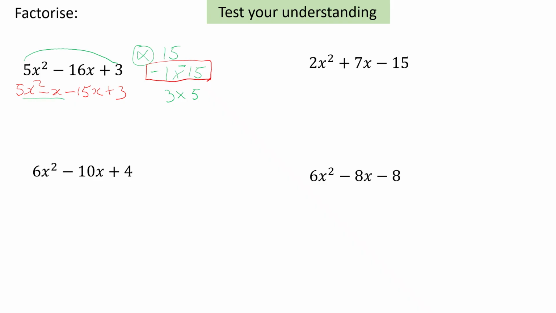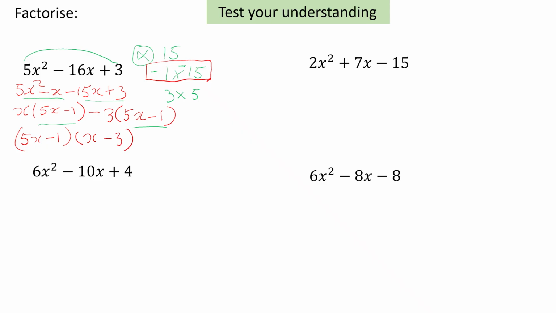Now you can factorize: x(5x - 1) minus 3 times (5x - 1). You can see 5x minus 1 is common to both terms. So (5x - 1) times (x - 3).